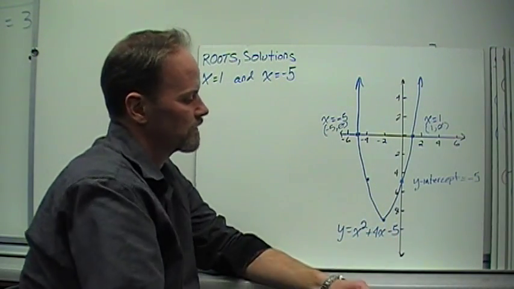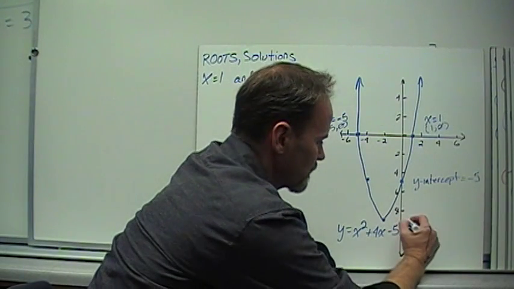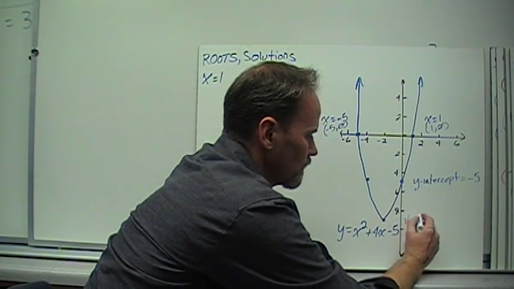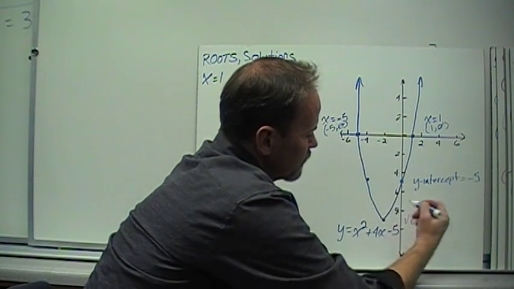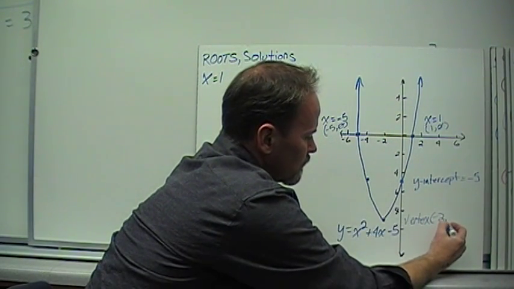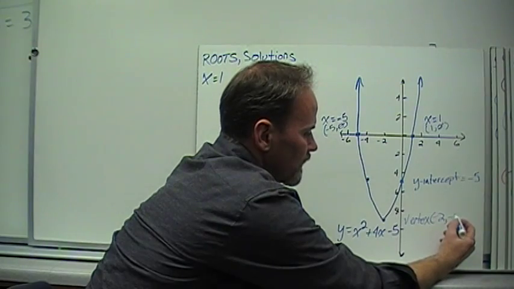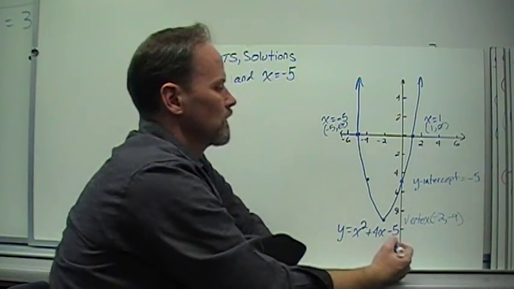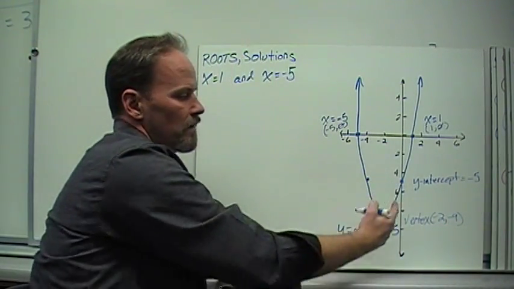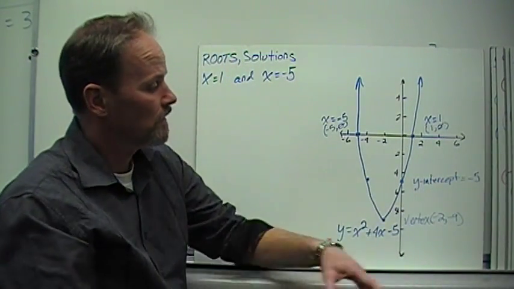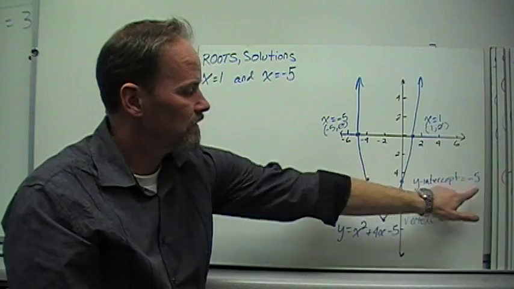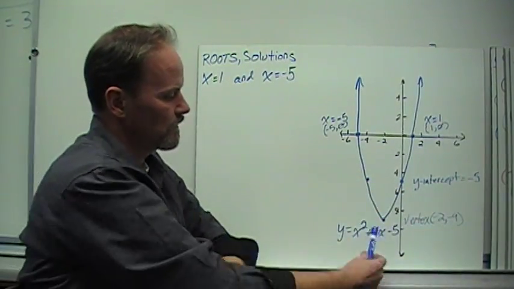So this was the vertex. You can see here, -2 and -9. One of the points right here, the y-intercept, I do want you to note that. Look at this. Y-intercept is at -5.